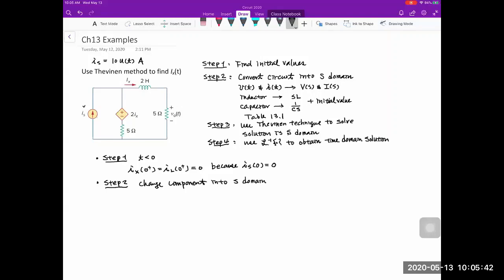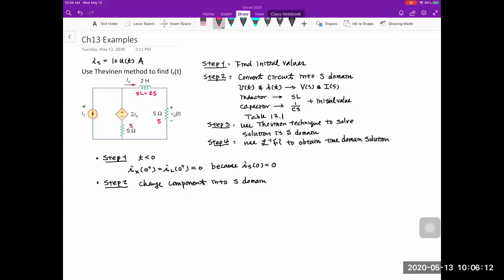This S domain is also like a phasor. You simply change all these components into the phasor. So let me mark things in phasor on this graph. The 2 H is an inductance of 2, so this will be sL, and that means this is 2s. The resistor is simply the same value, just write down the constant. This one is going to be 5 as well.